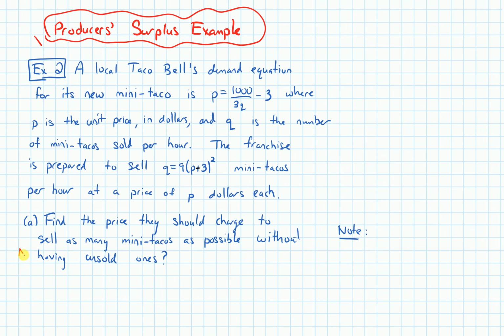What I want you to do is pause the video for about 1 minute to see if you can identify the key idea I would need to answer part A. Pause it and see if you can determine what it is talking about when it says they want to sell as many as possible, but without having unsold ones.